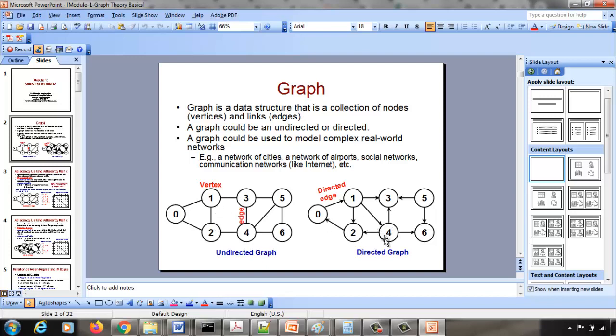Whereas a directed edge means it's like Twitter. If you have an edge from the user who is following the other user, so 0 follows 1, there is a directed edge from 0 to 1. Unless 1 follows 0, you won't have an edge back. So it's a one direction interaction or communication.